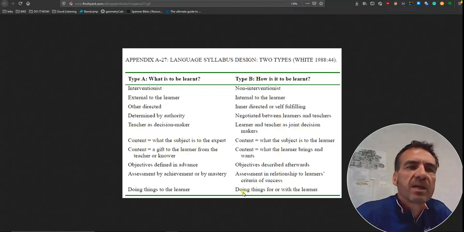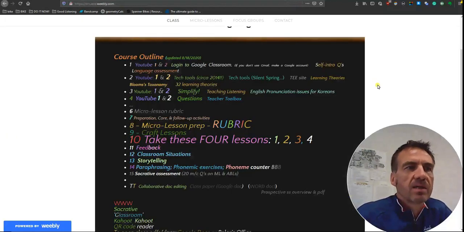And as it says there, it's doing things for or with the learner. This is more how you would learn your mother language, your mother tongue, Korean for you. This is how I learned English. But your classes in Korea are focused on this type A structural syllabus, synthetic approach. I don't want to get too much into the theory, but that's all you need to know for that.